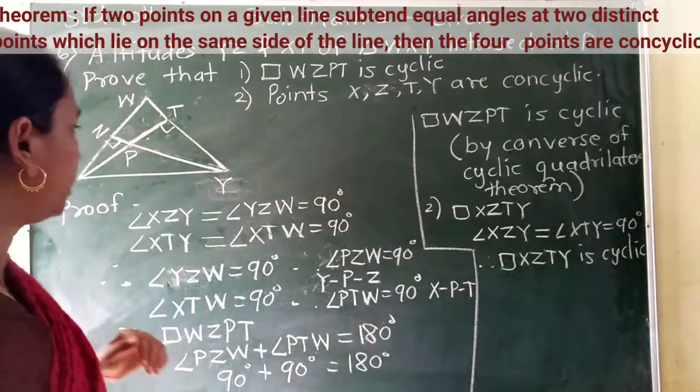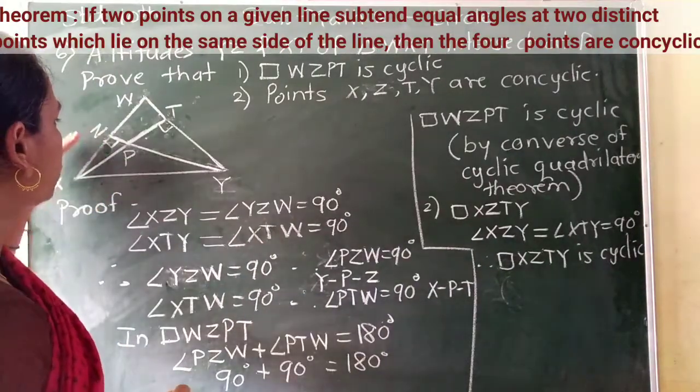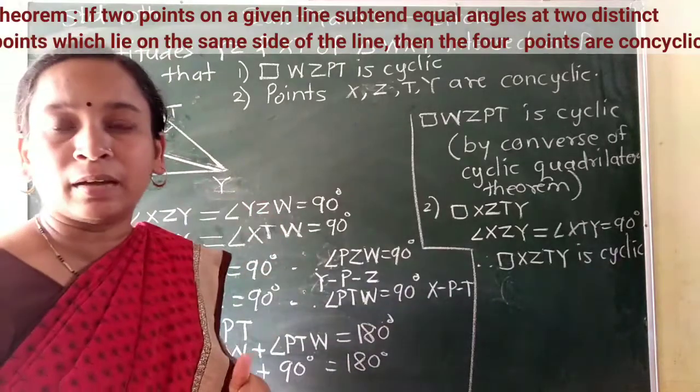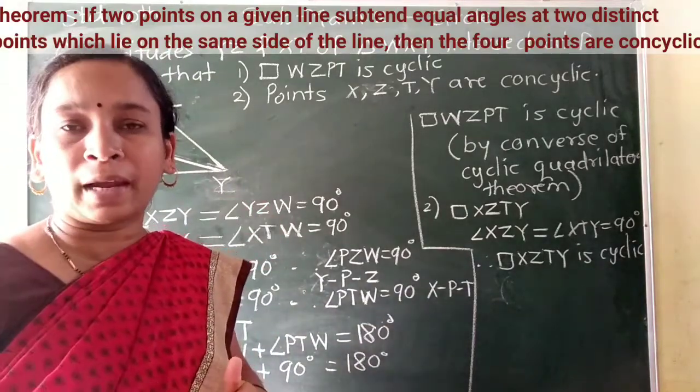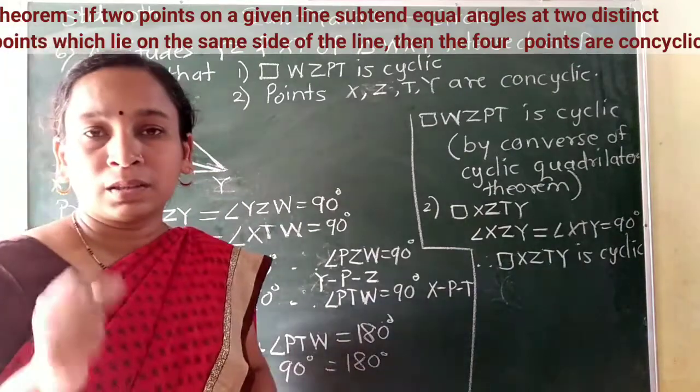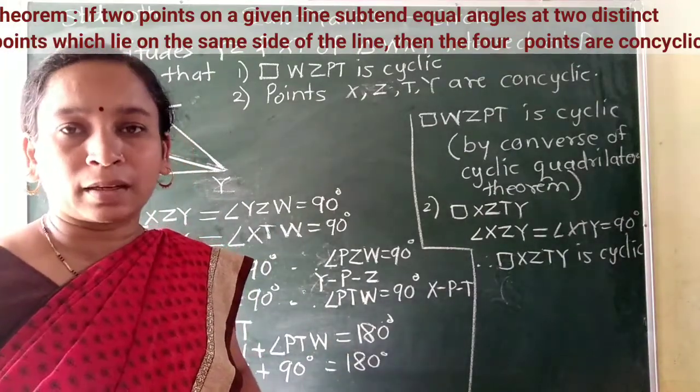I will repeat it: if a segment joins two distinct points which are on the same side and they form congruent angles, then all these points lie on the same circle. Those are the concyclic points.